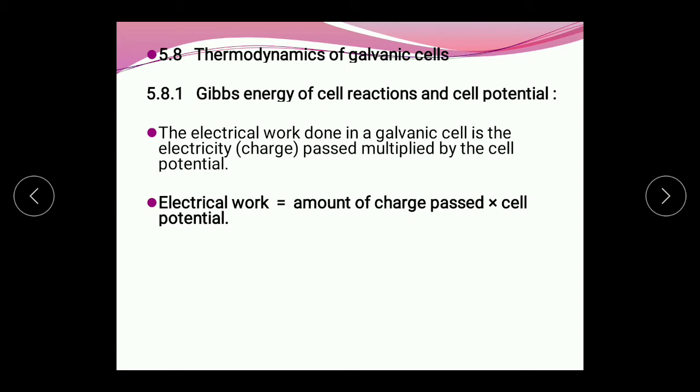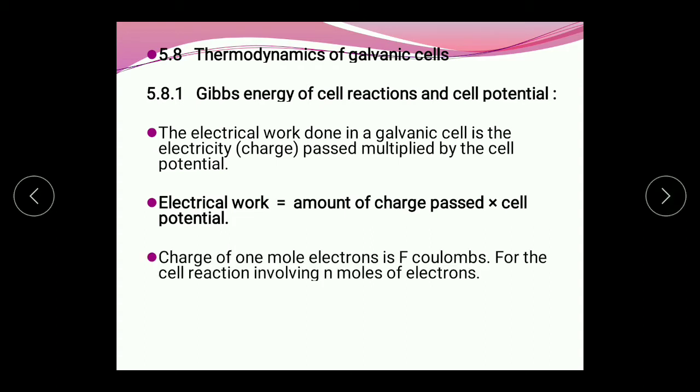So, amount of charge passed, how can we calculate? Cell potential, we know, is the EMF of the cell, or E cell. Charge of 1 mole of electrons is F coulombs, or 1 Faraday we can say.